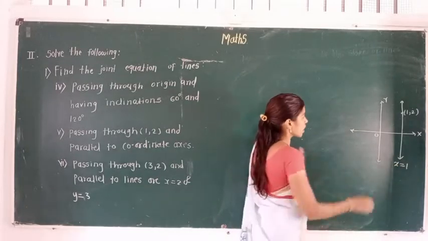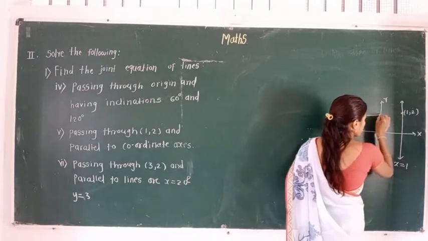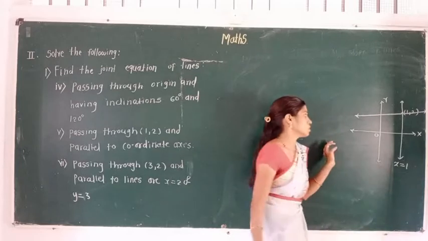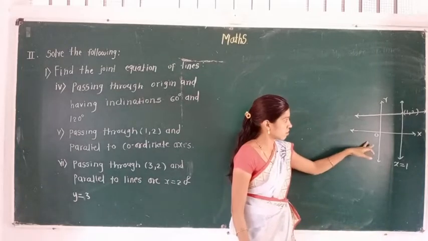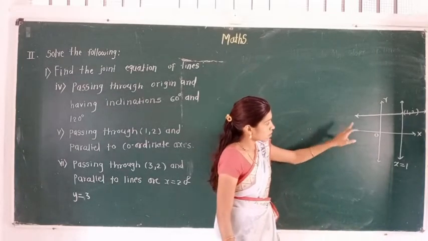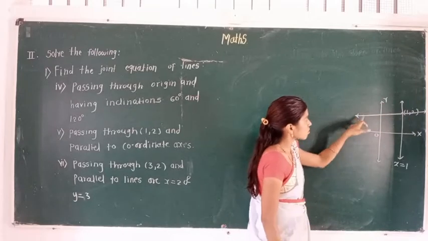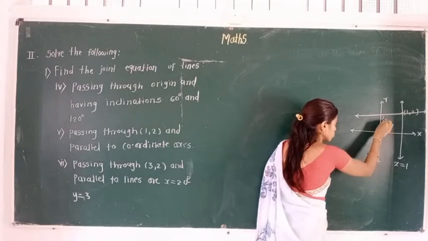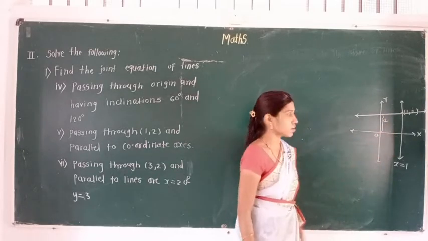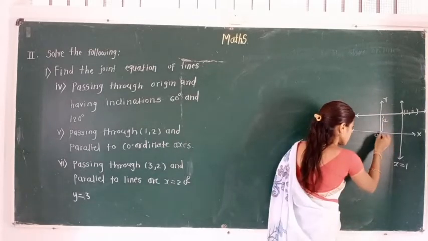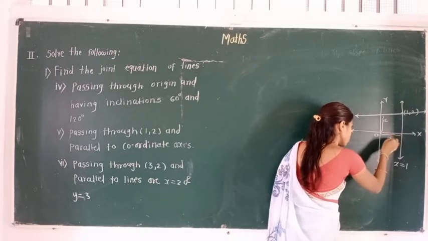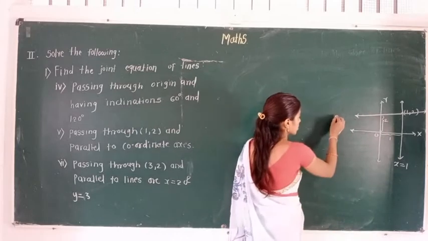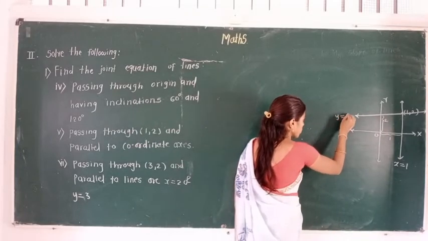Draw the second line through the point (1, 2), parallel to the x-axis. This line intersects the y-axis at a distance of 2 units, so the equation of this line is y equals 2.